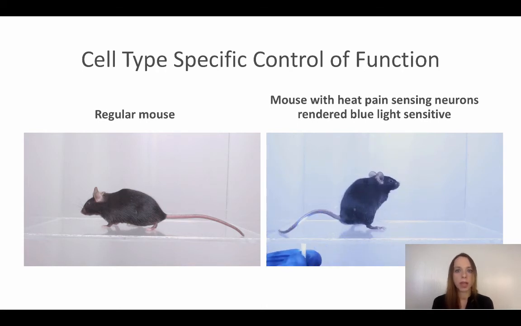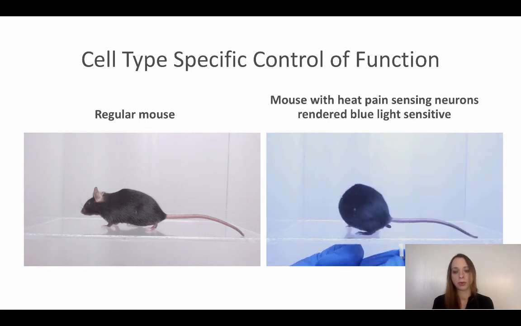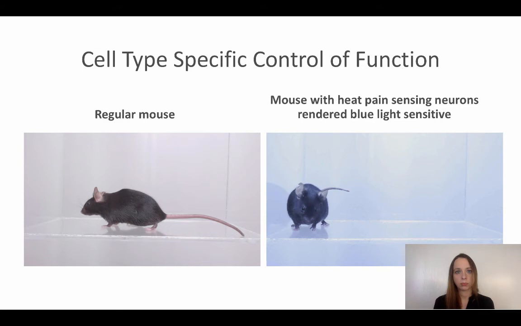This triggers paw shaking and licking, which are typical care behaviors after sensing heat. So these two videos demonstrate that we can control behavior by activating certain cell types in the brain. Similarly, if we know which cell types cause specific neurological disorders, with the right technology, we can manipulate those cell types to manage or cure the disorder.